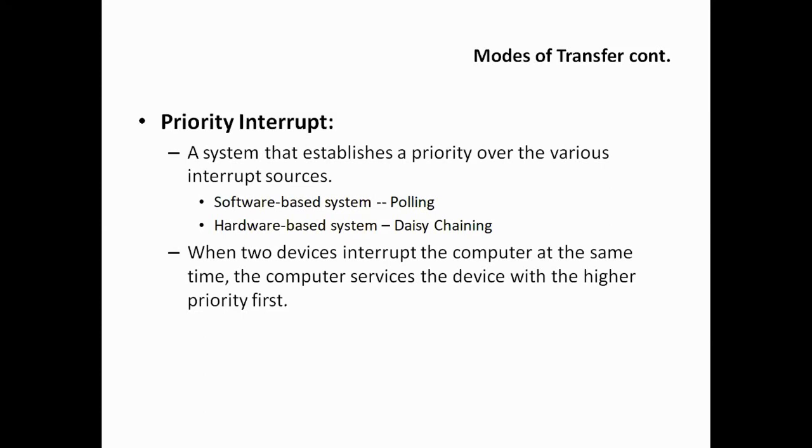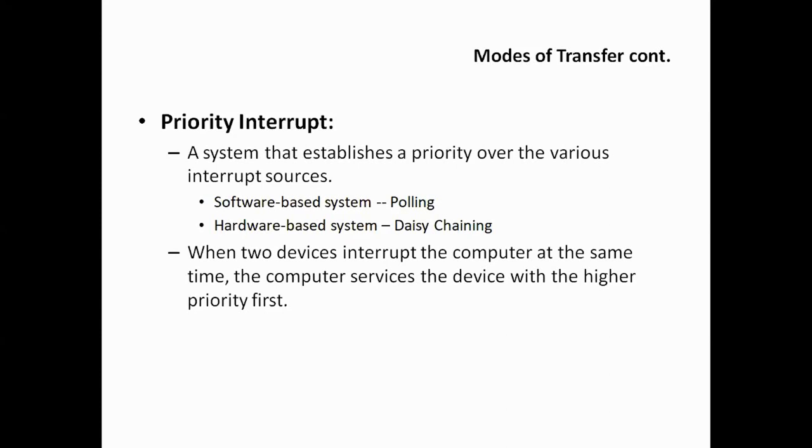Either it has to use some algorithm, or do something with the hardware, in a way that a priority will be kept. A priority will be introduced, which to service first and which to service second.